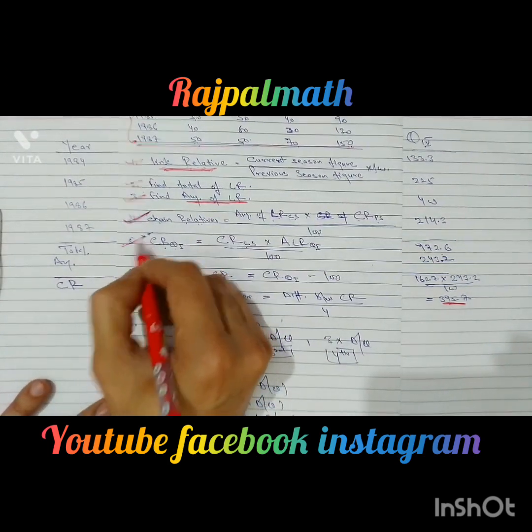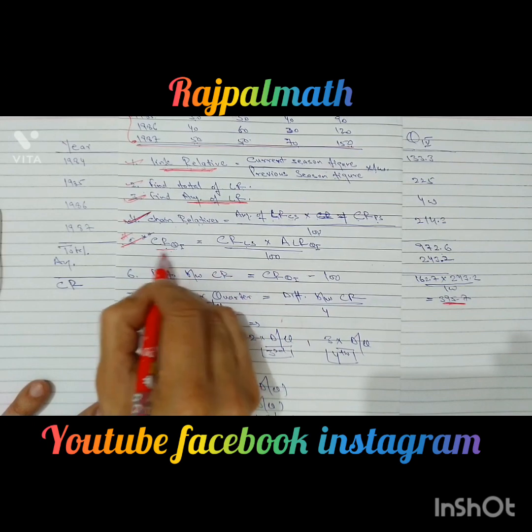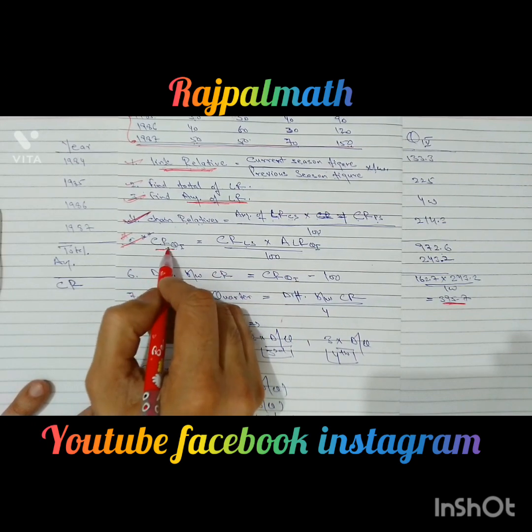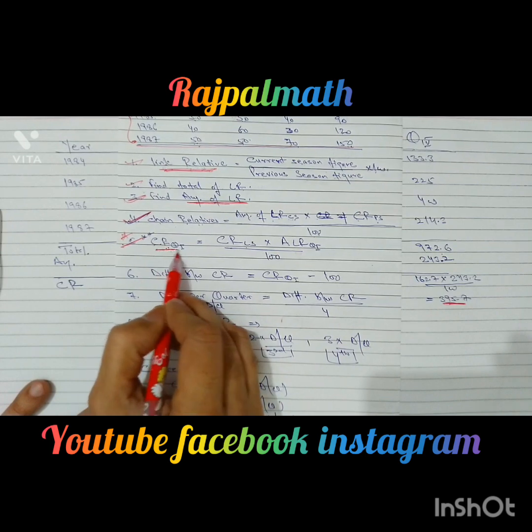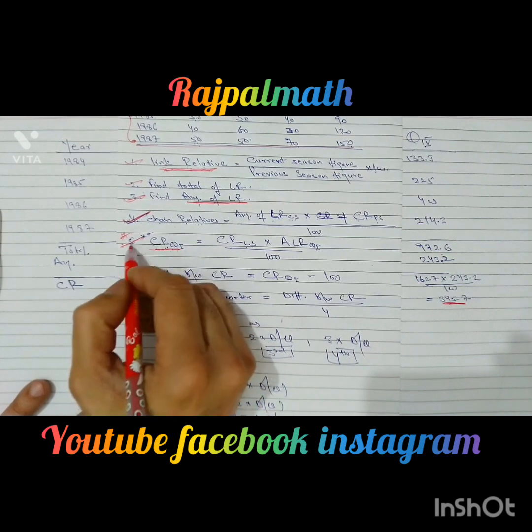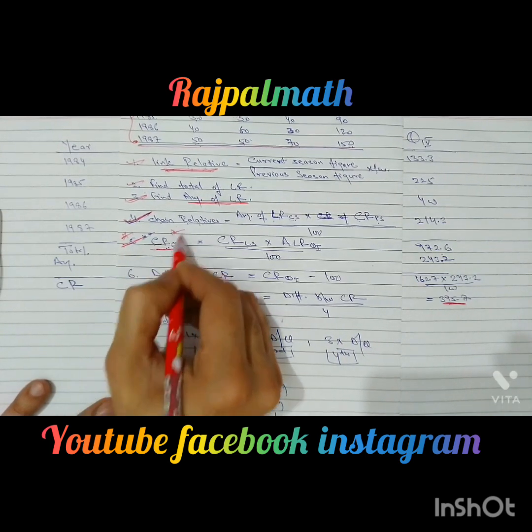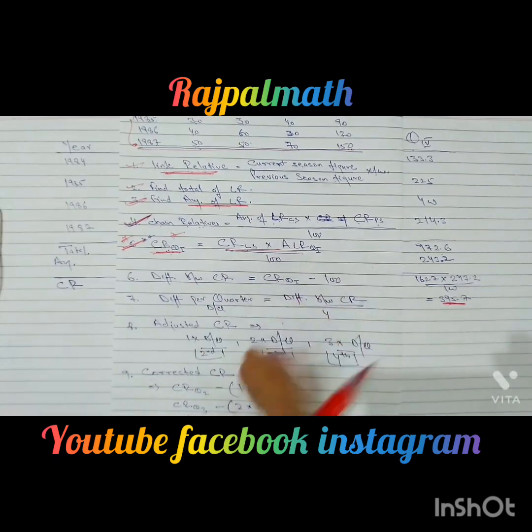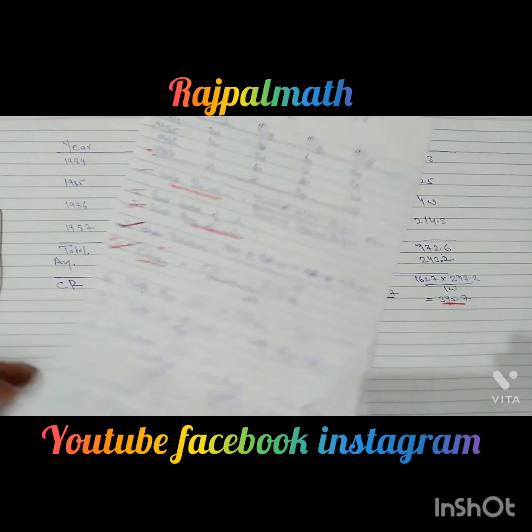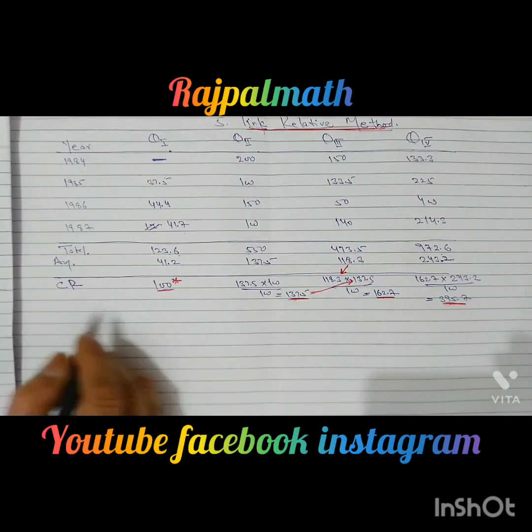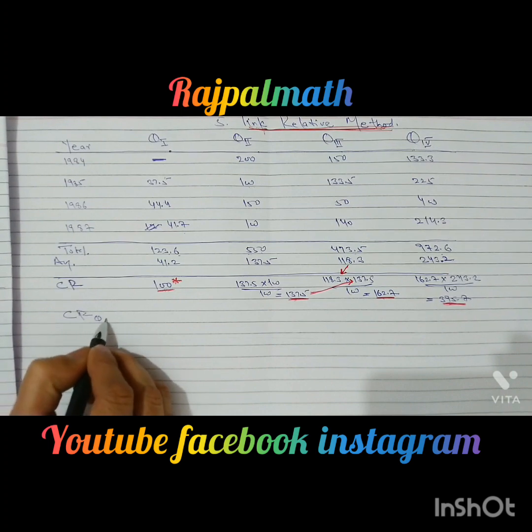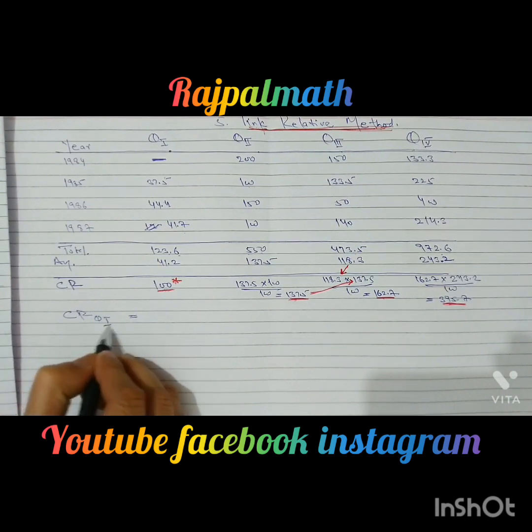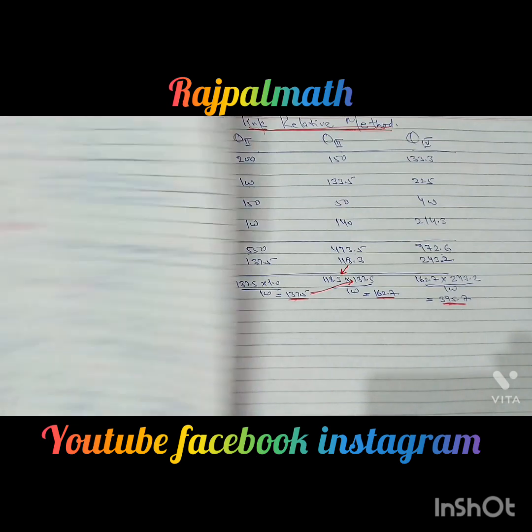Now step number 5, very important step: corrected CR, meaning chain relative of the first quarter. Now we have to calculate chain relative of quarter 1.